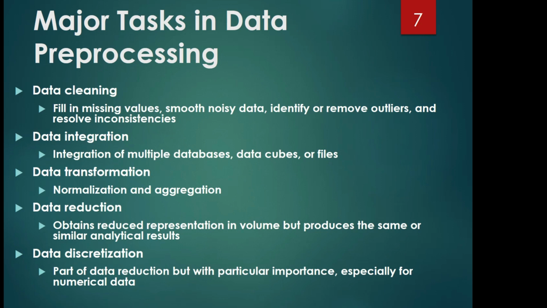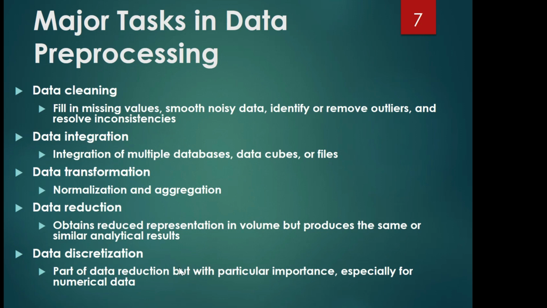Data reduction reduces the size of the data because data mining performed on a huge data set is not as efficient as on a reduced data set. Also, data discretization is actually part of data reduction but with particular importance, especially for numerical data.